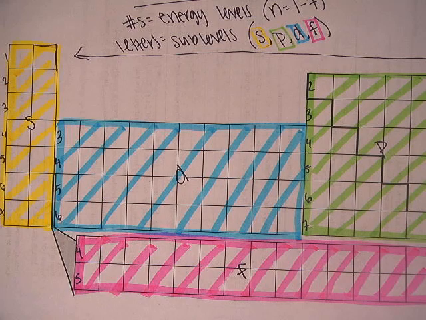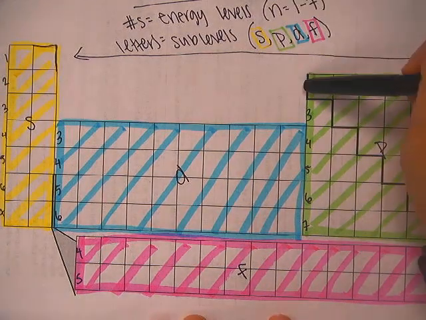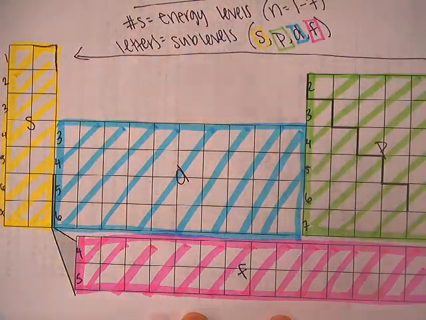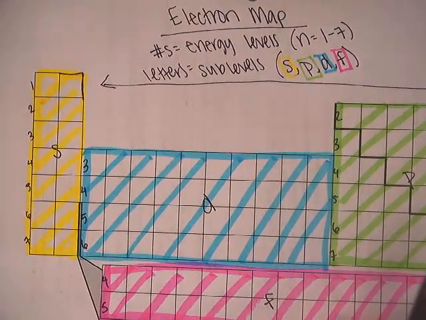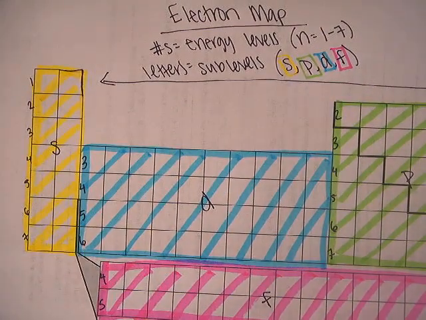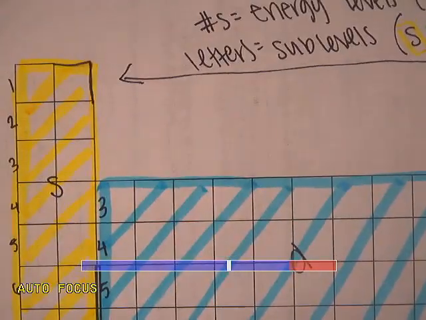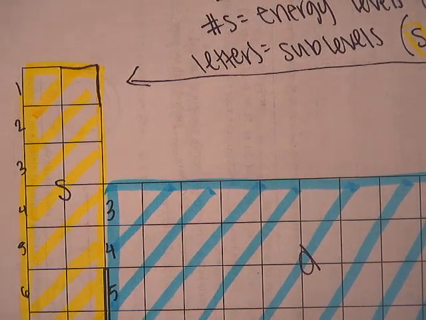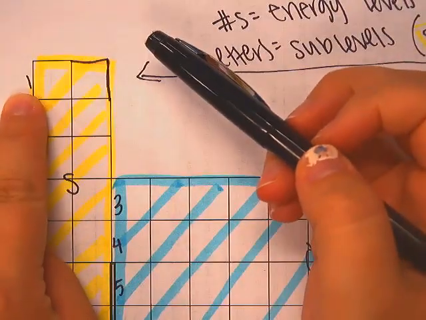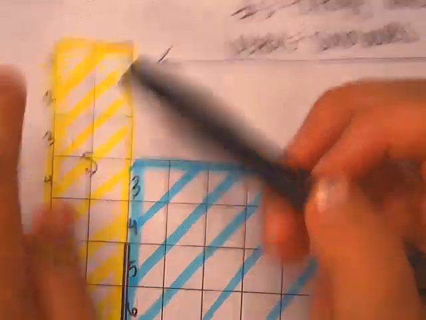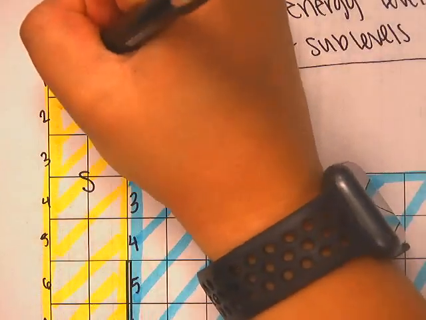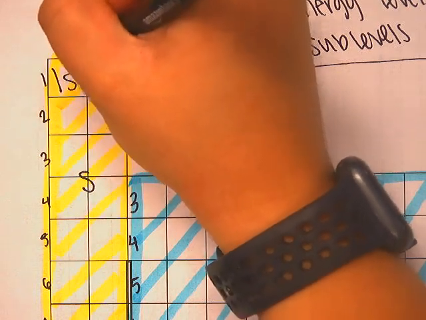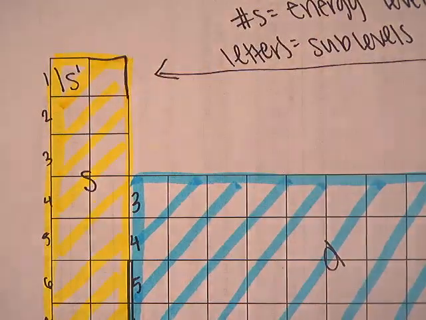So now that we have each of our energy levels, which are the numbers, and each of our sublevels labeled, we're going to go through and actually put almost like a little coordinate in every single box that will be associated with the specific element that lives in that box. So, for example, if we're starting at energy level 1, box number 1, this is the first box, the way that we're going to label it is 1S, and then a superscript, or basically an exponent of 1.